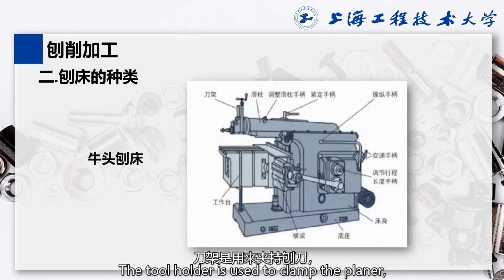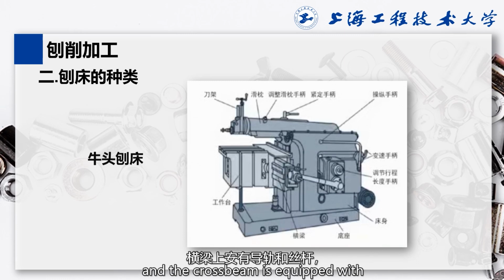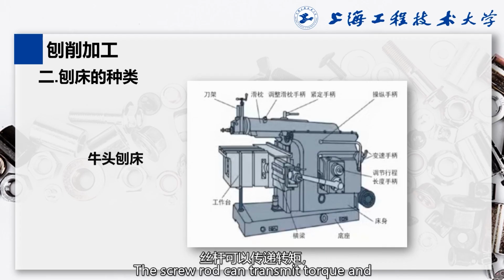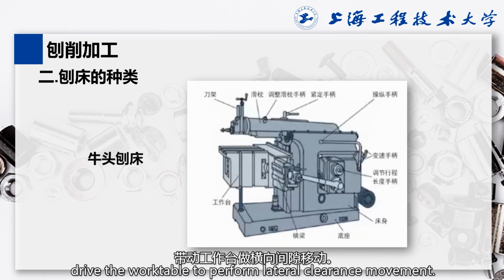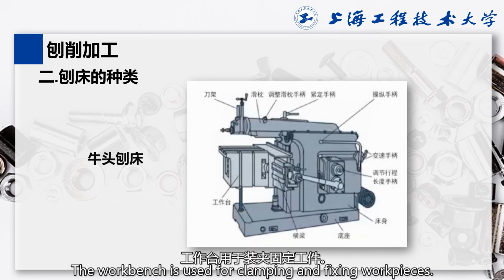The tool holder is used to clamp the planer, and the crossbeam is equipped with guide rails and screw rods. The screw rod can transmit torque and drive the work table to perform lateral feed movement. The workbench is used for clamping and fixing workpieces.